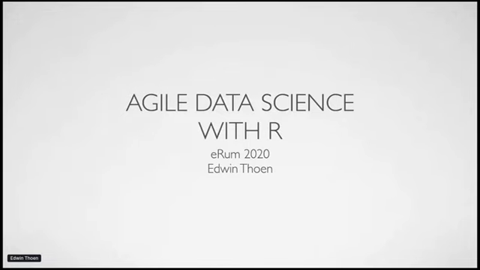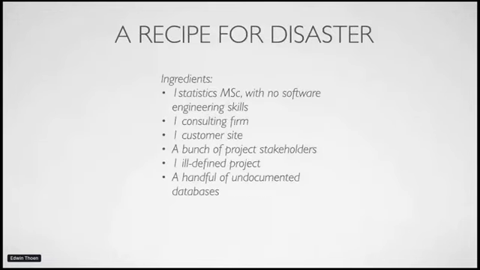I'd like to start with a recipe for disaster. We take the following ingredients. You need one statistics Master of Science with no software engineering skills, a consulting firm, one customer site, a bunch of project stakeholders, one ill-defined project, and a handful of undocumented databases.